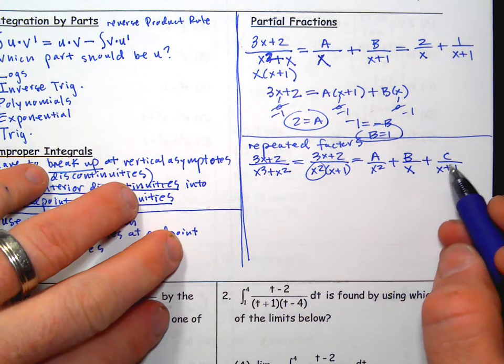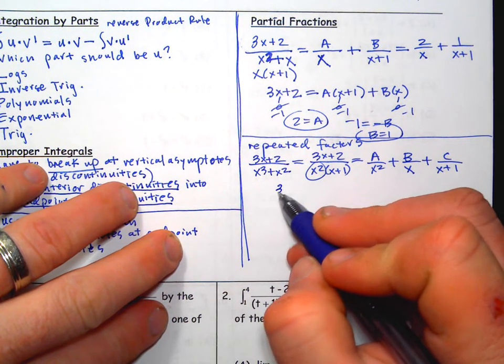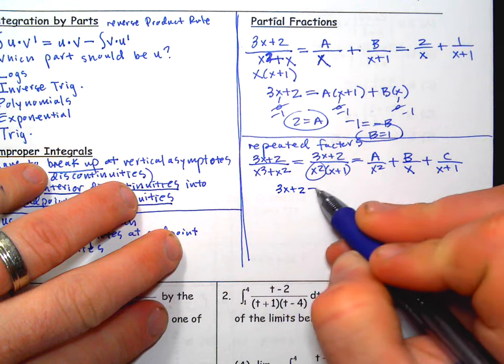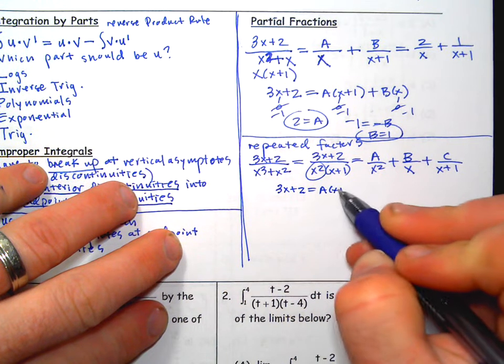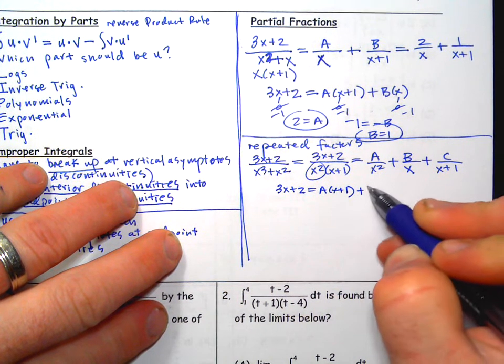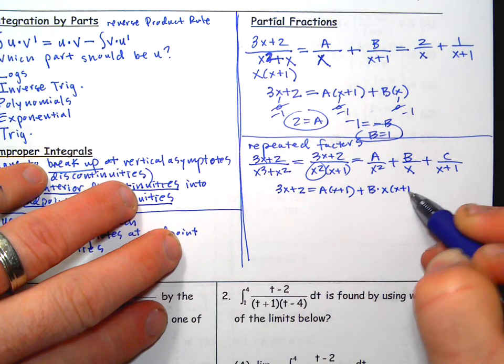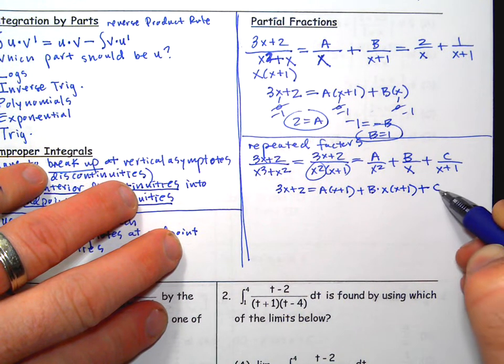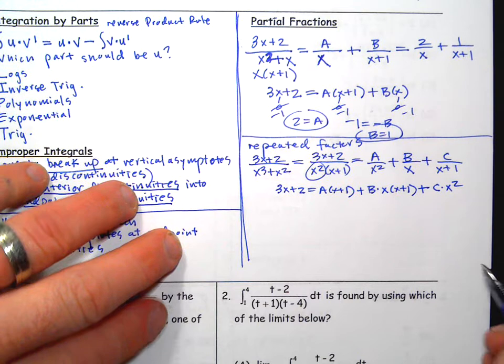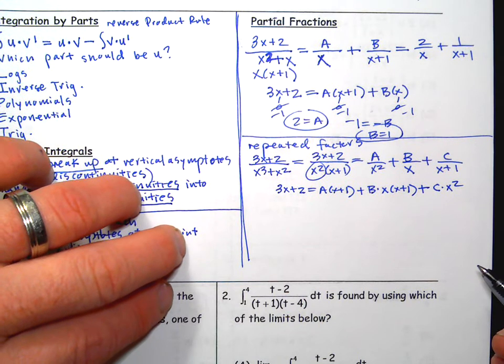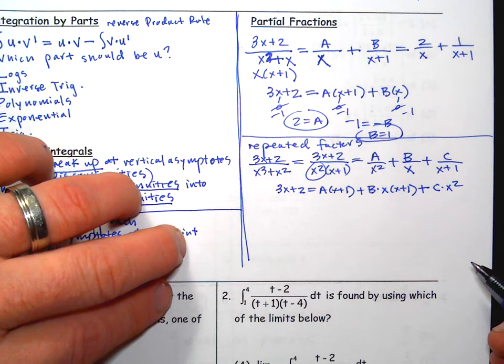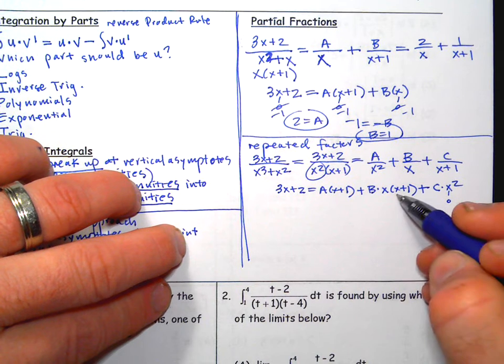We multiply through by the least common denominator, and we get 3x plus 2 equals a times x plus 1 plus b times x times x plus 1 plus c times x squared. Now we could say, well, let's plug a 0 in for all the x's.